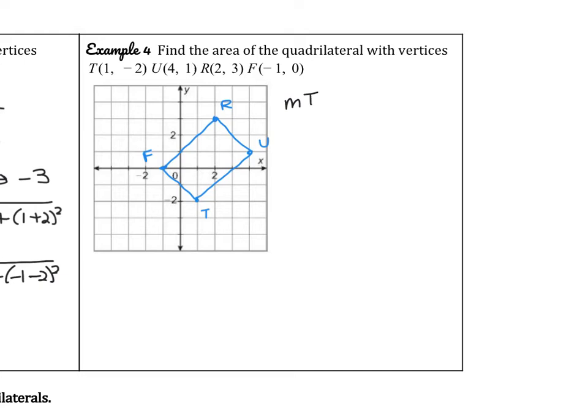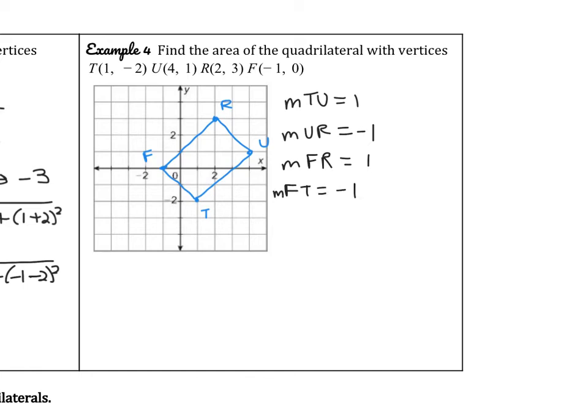If you start with the slope of TU, doing rise over run, it's +1. The slope of UR, remember we always go from left to right, so it's actually -1/1. The slope of FR is +1, and the slope of FT is -1.